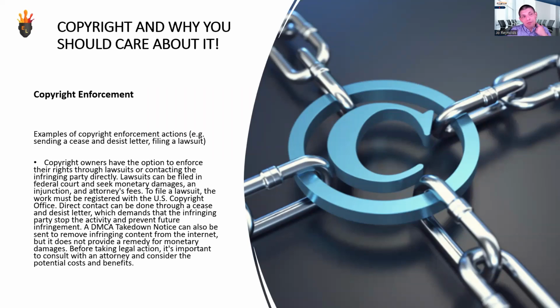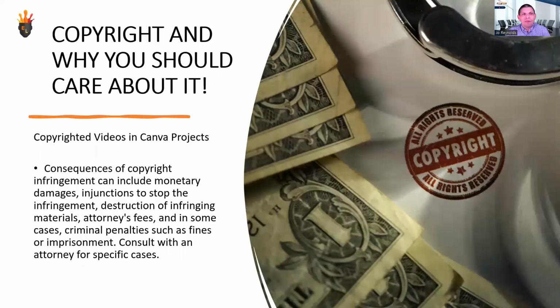And the enforcement, well, they can use legal action and lawsuits, and it can be on your file, and it's not great, right? So you really don't want this. This is not a great thing at all. So be careful with your copyrighted videos, and be careful with your copyrighted photos. Remember, when in doubt, don't use it.